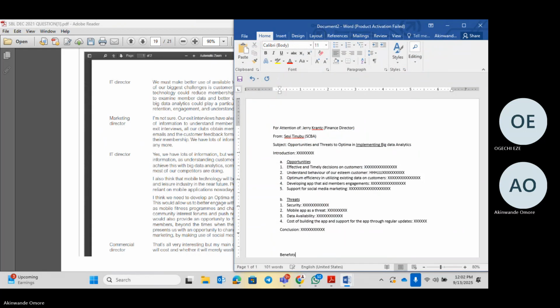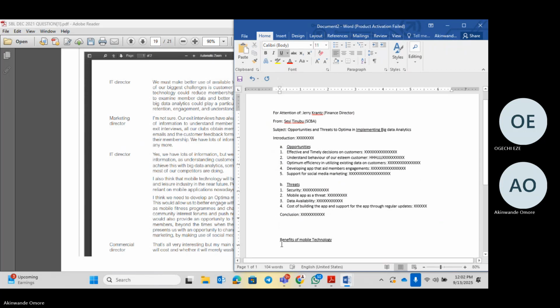Benefits of mobile technology, line by line.